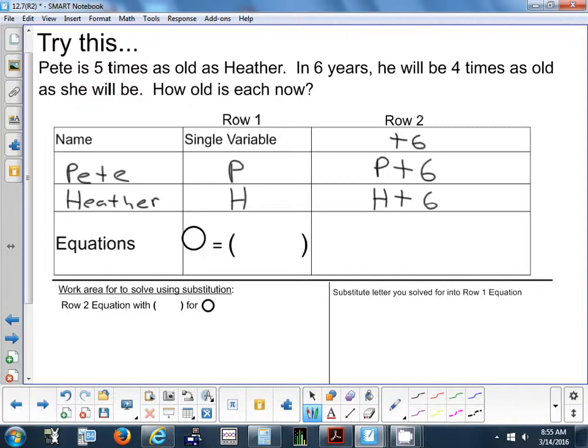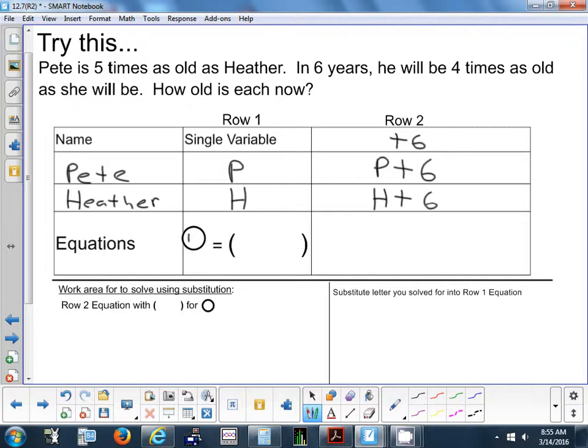Or at least what variable is by itself on the left? Pete is. So Kevin, what letter do you think is by itself on the left? Whose name starts the equation? P.